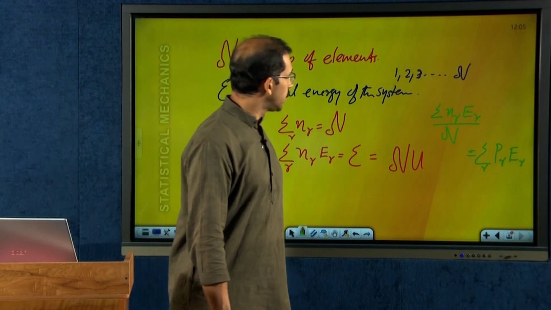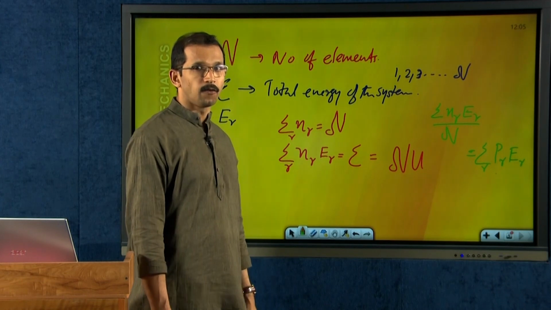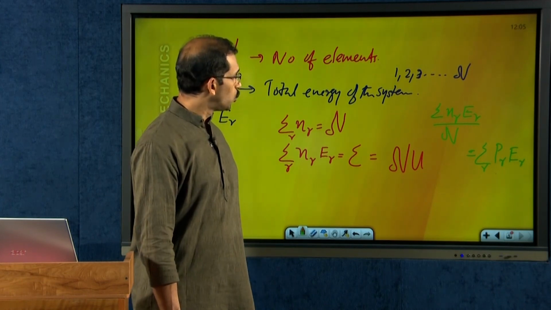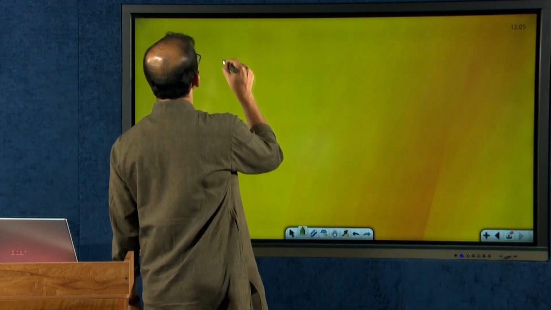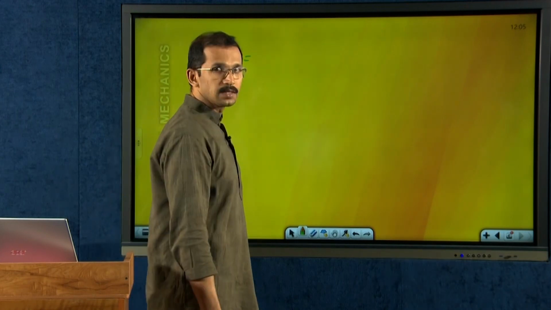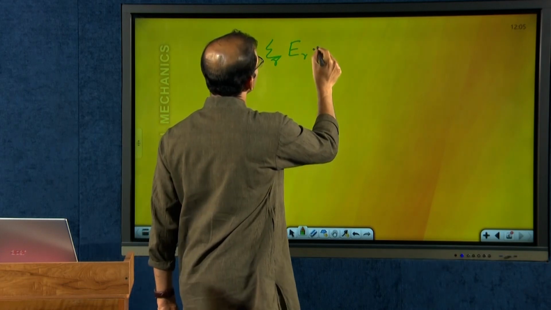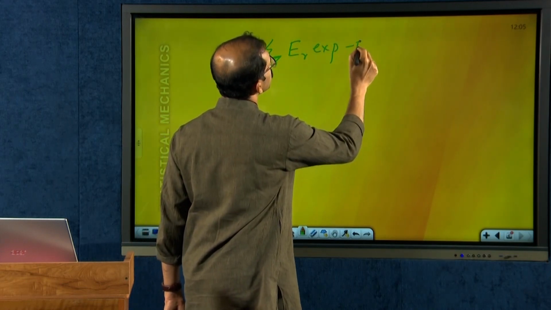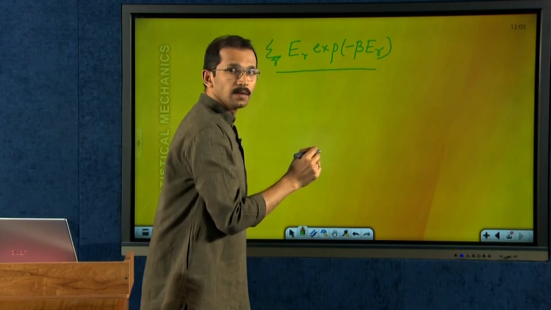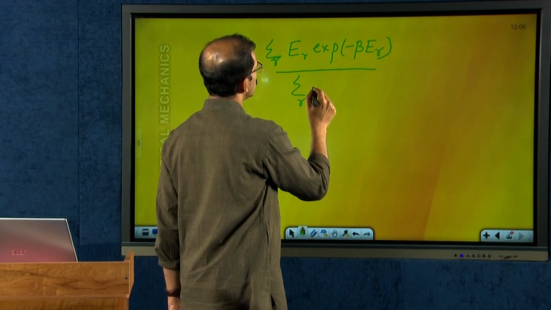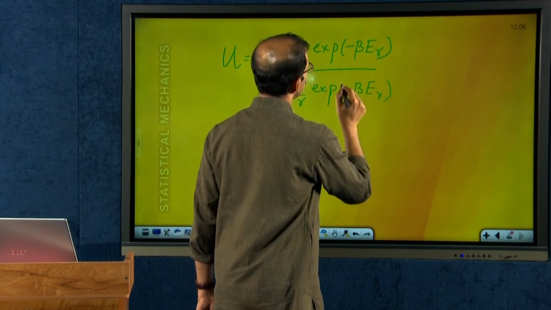If I substitute that, I can get the expression for the average energy U as equal to the sum over R of E_R exponential minus beta E_R, divided by the sum over R of exponential minus beta E_R.